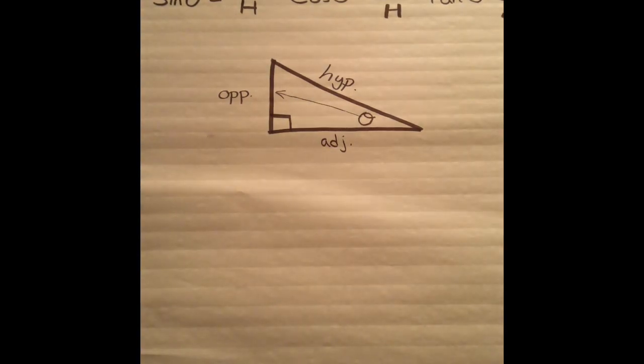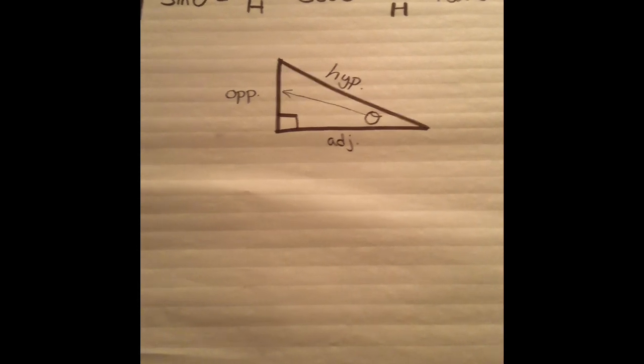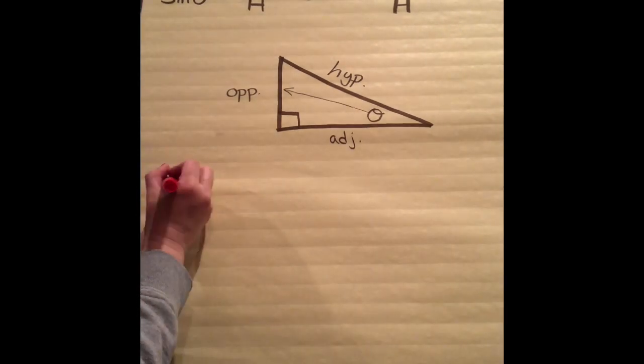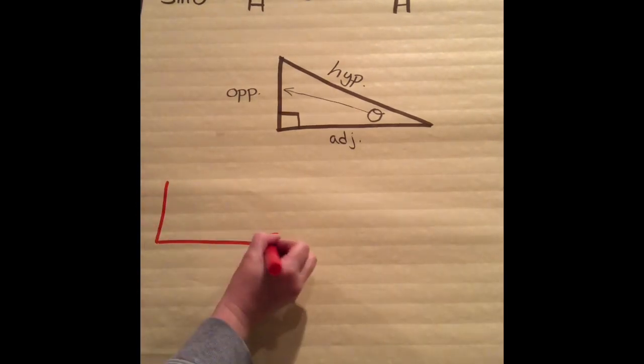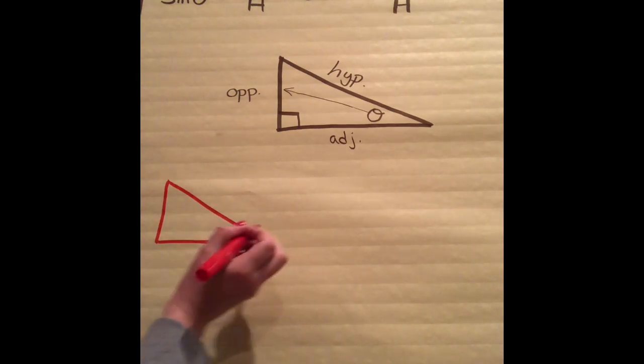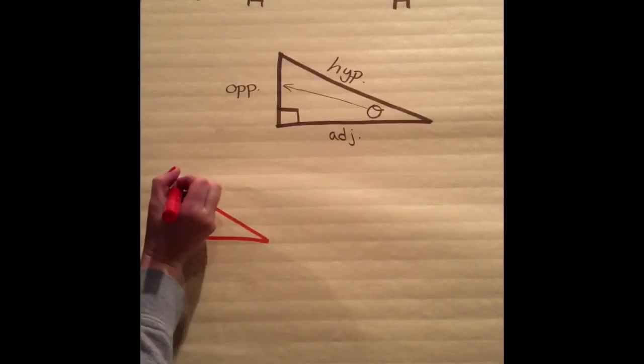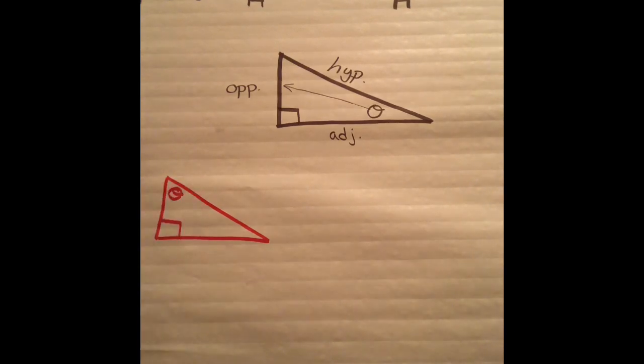Now there are other examples of triangles, and I just want to go over those different pictures. So some other examples of triangles where we can practice labeling opposite, adjacent, hypotenuse. Maybe your theta is up here. So if your theta is up there, a few things change.